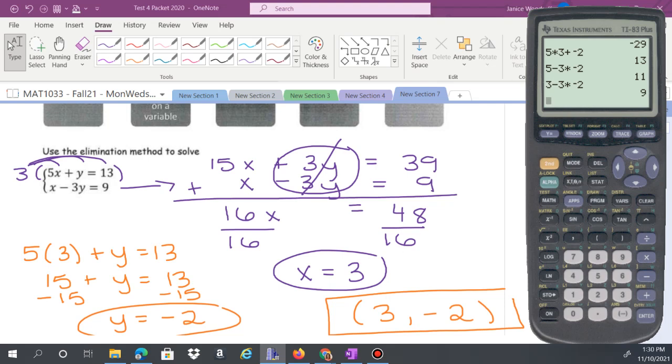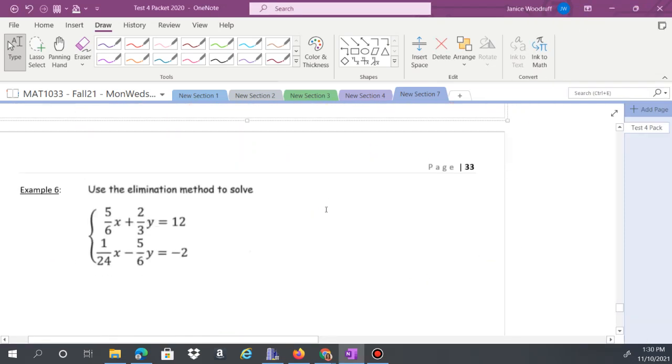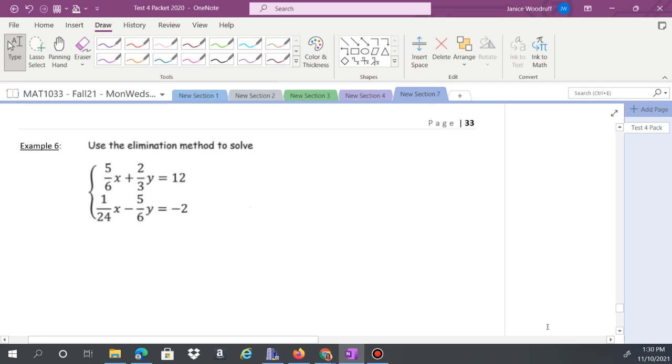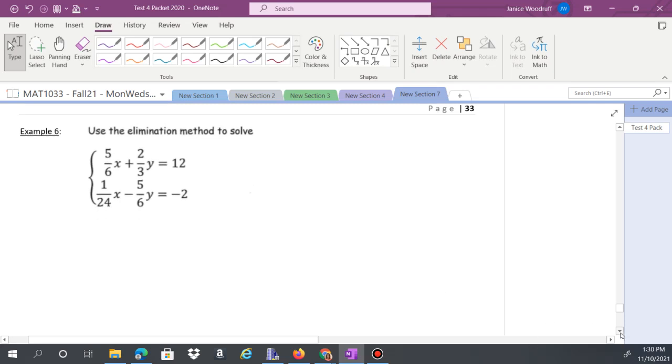Okay, so this next one's kind of messy. What do we want to do first before we do the elimination method? Yeah, let's get rid of the fractions. So first one, I'm going to multiply by 6.